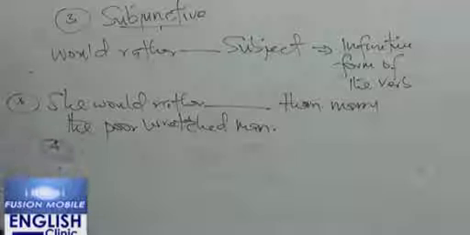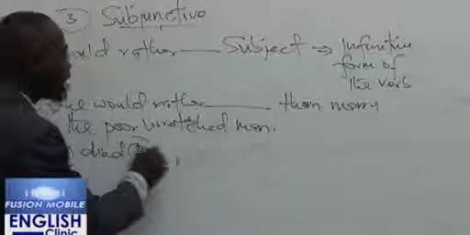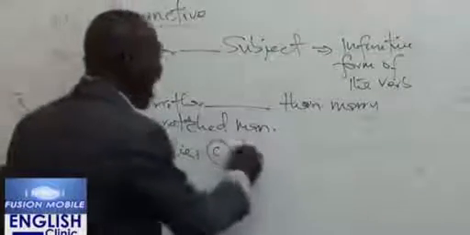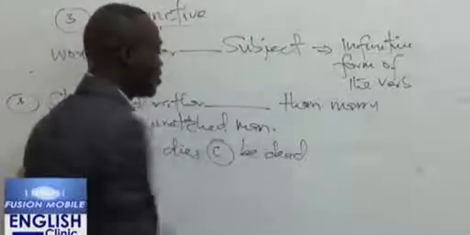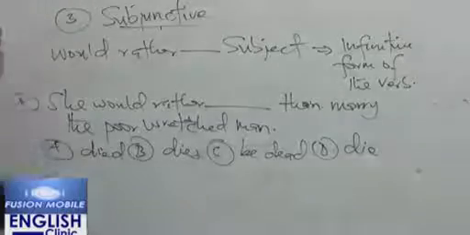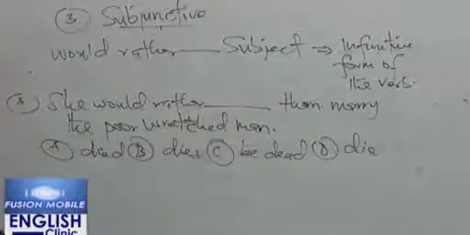A. She would rather die. B. She would rather dies. C. She would rather be dead. And D. She would rather died.